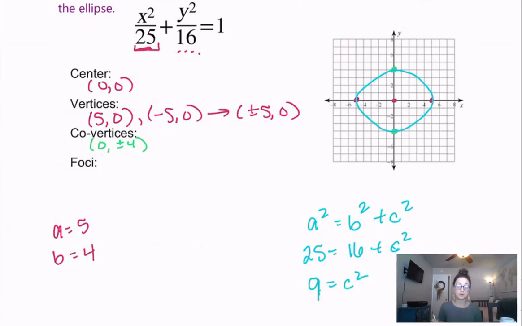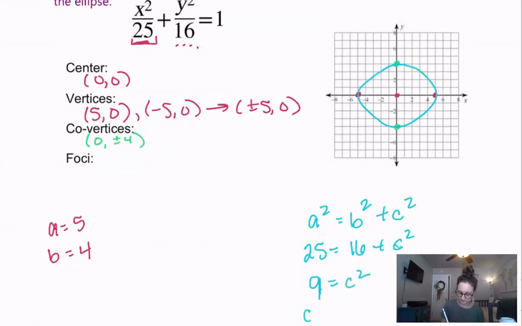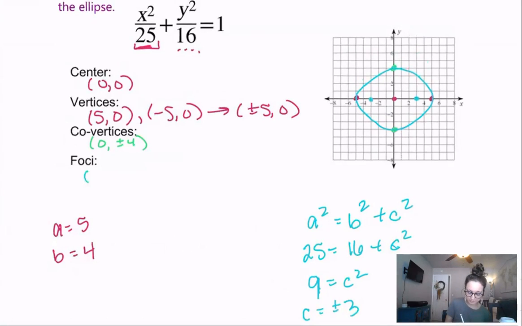So I want to add and subtract 3. And that's going to be on your major axis, so your foci will be on the x-axis. This is horizontal, so there and there. So this will be plus or minus 3, 0.